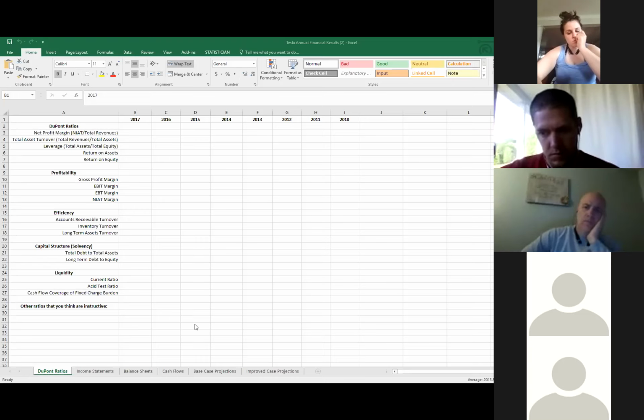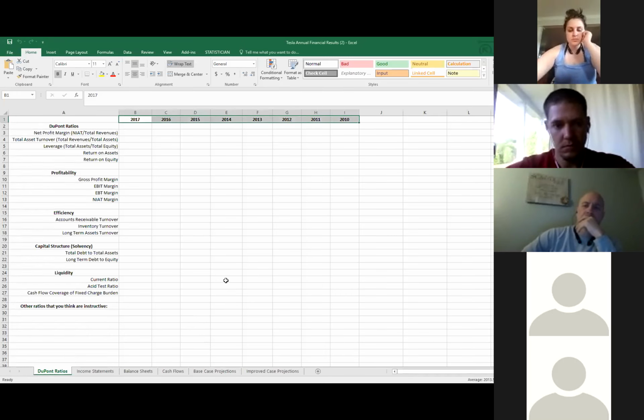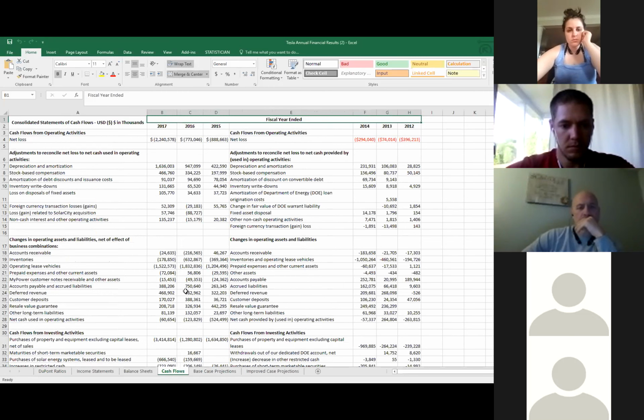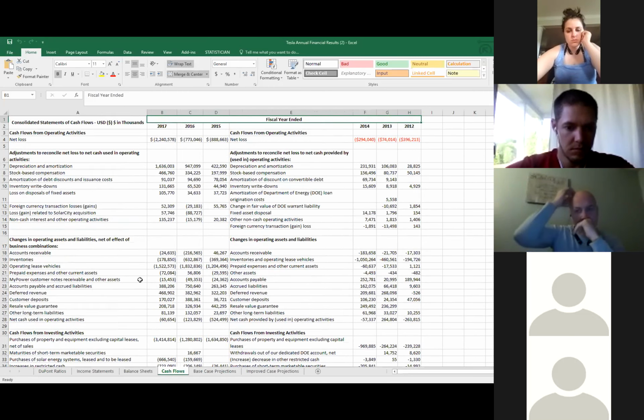For our data, one of the places to go might be to, cash, there we go, sorry, okay. And what I would tend to use is the cash flows from operating activities.